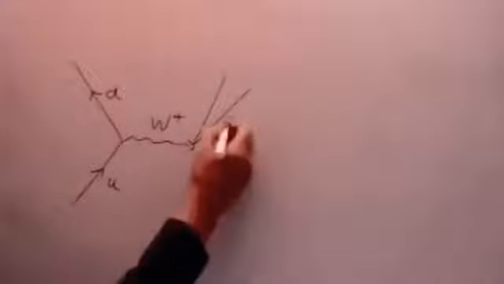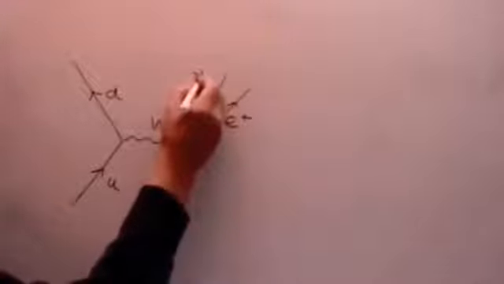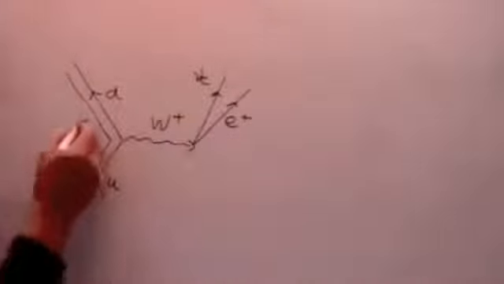In the Sun, precisely the same thing happens, except it's the other way round. Now we have an up quark changing into a down quark by the emission of a W plus boson, because it's now carrying away a positive charge. And that will then decay into a positron and an electron neutrino. And of course what you've got here, just as we had before, two other quarks which don't change.